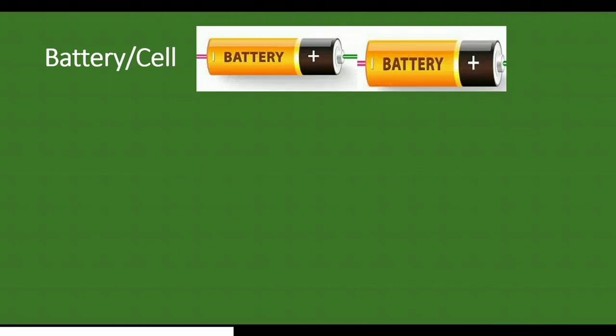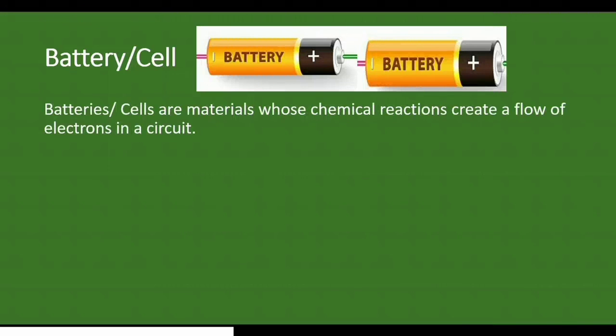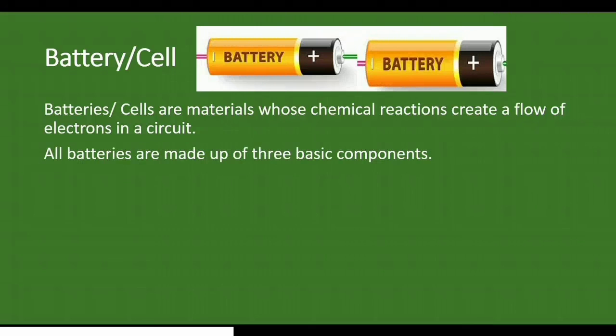And there is a picture of that sort over here. So let's look at it. Batteries or cells are materials whose chemical reactions create a flow of electrons in a circuit. And let us identify this. All batteries are made up of three basic components.